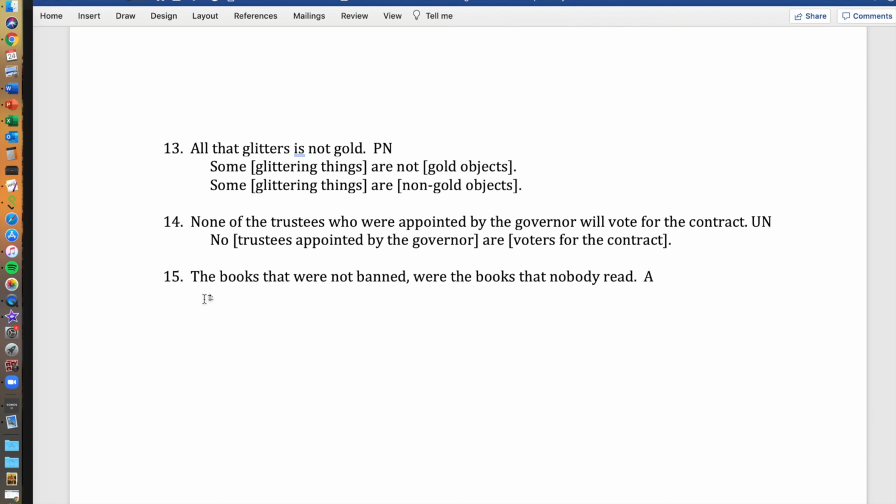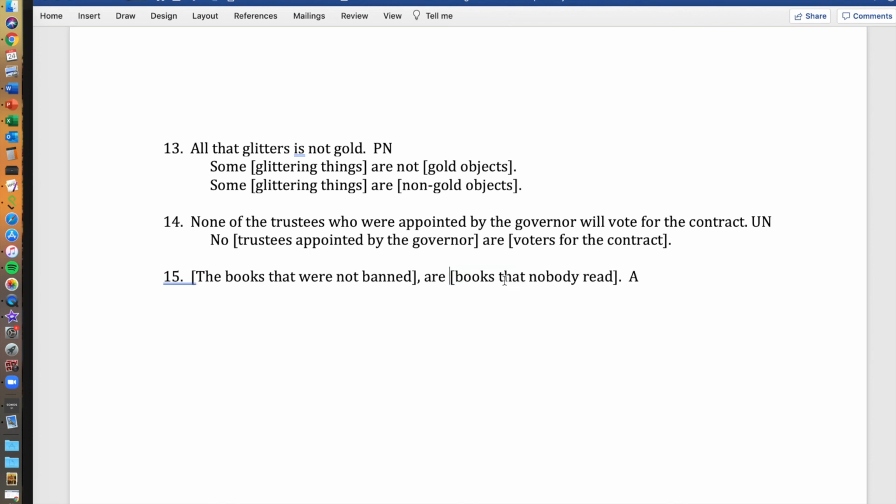Then we're talking about the subject term, the books that were not banned, right? All of that is the subject term. And what do we say about them? They were, or they are, books that nobody read.